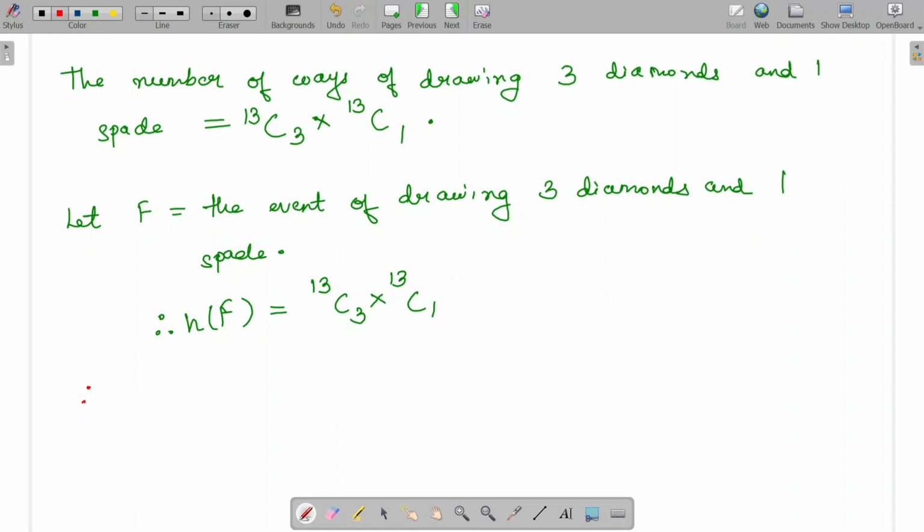Okay, now we can find the probability. Therefore, we can write it in terms of notation.